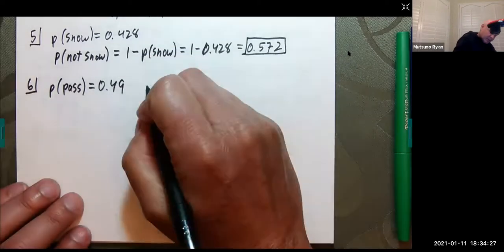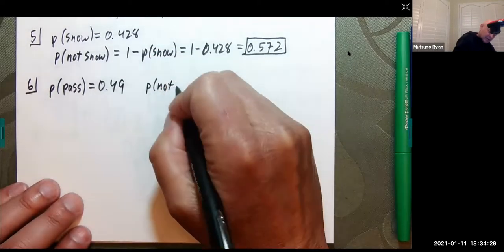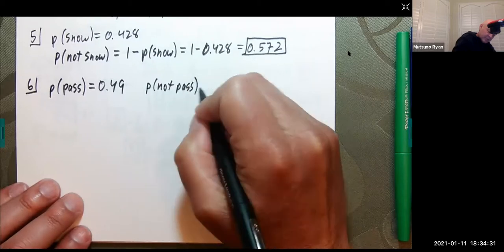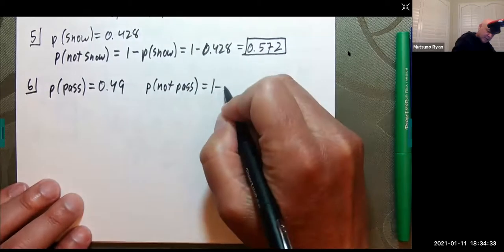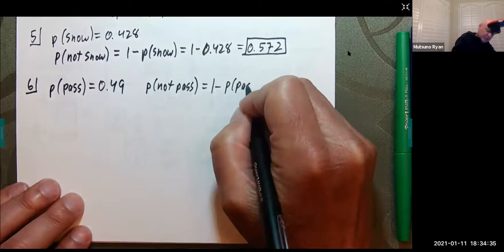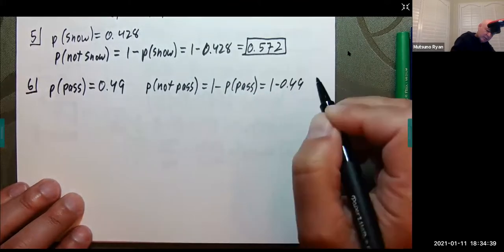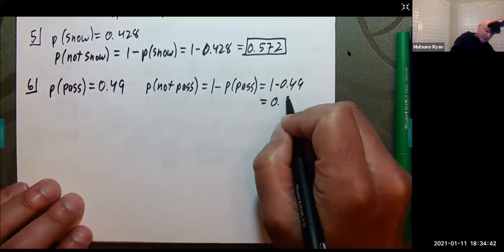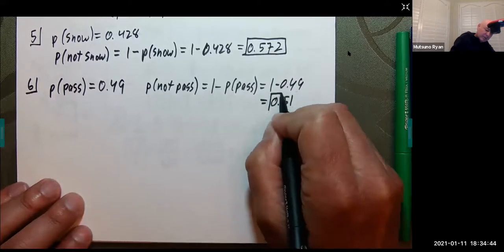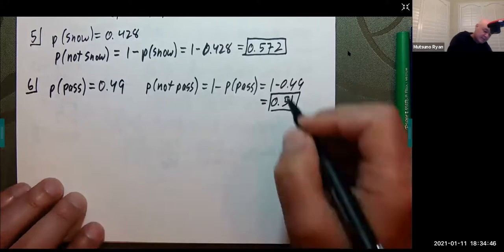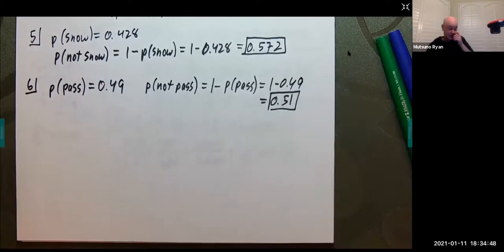So the probability of not passing is going to be 1 minus the probability of passing, which is 1 minus 0.49, which is 0.51. 49% chance that he'll pass, 51% chance that he won't pass.